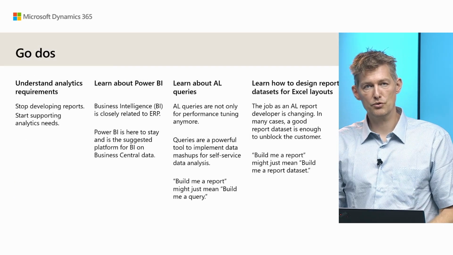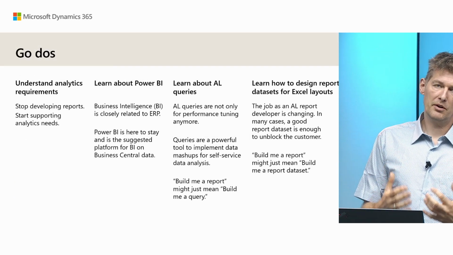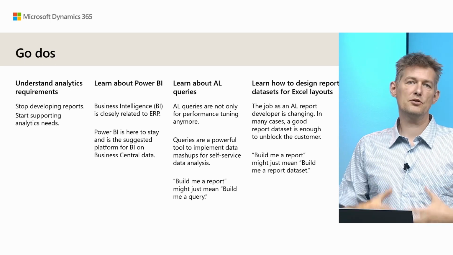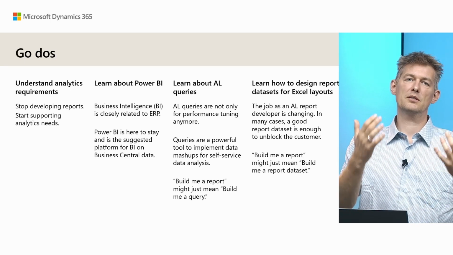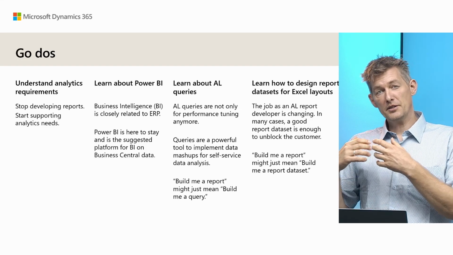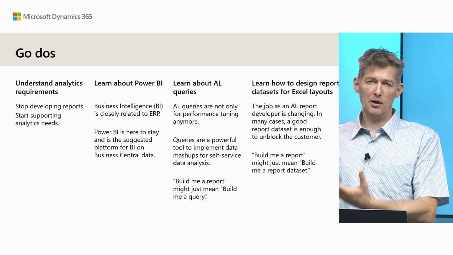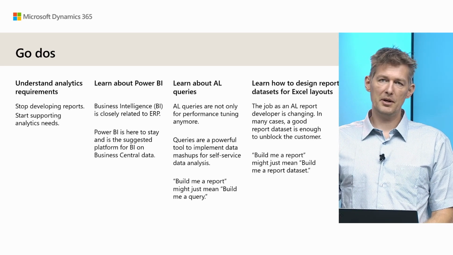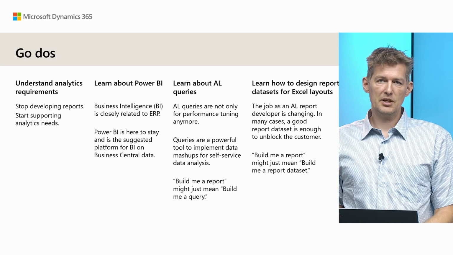So, to-dos. Most important take-away from this: understand analytics requirements. Stop developing reports and start supporting analytical needs. As a consultant or developer, maybe start learning a little bit about Power BI. Power BI is here to stay.